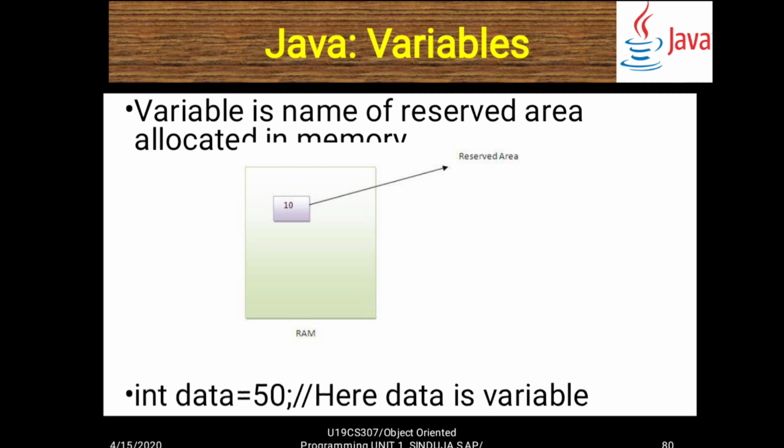Okay, so how do I define a variable in my program? I should tell the compiler what the variable name is, and what kind of data type I'm going to store in that variable.